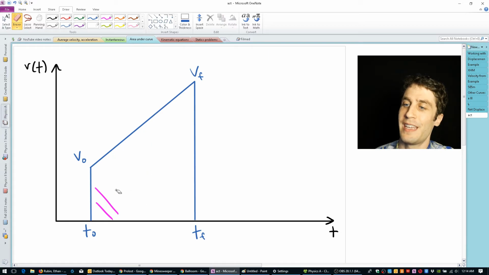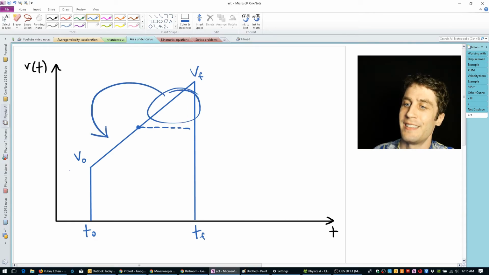So how do we find the area under this trapezoid? Well, here's what I suggest we do. I'm going to suggest that we go straight for the midpoint of this velocity versus time curve here, and chop off this triangle up here, and we're going to move it down here.